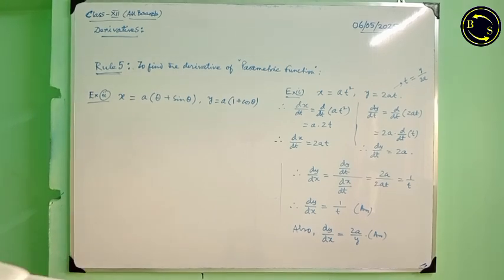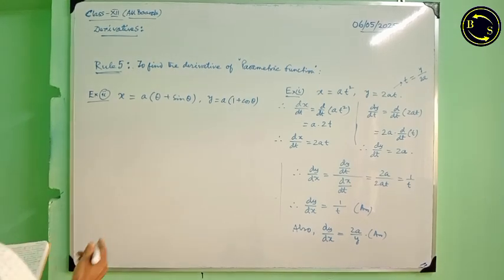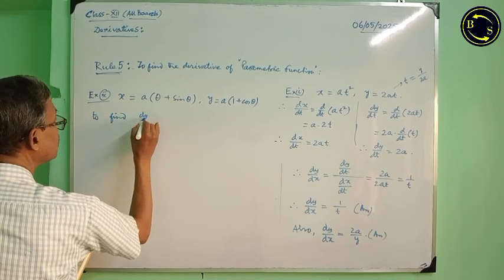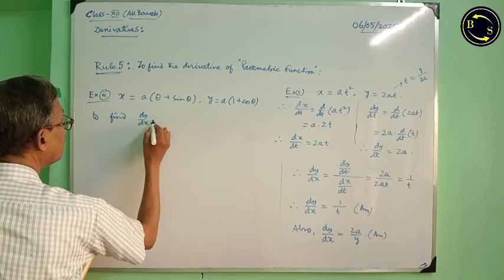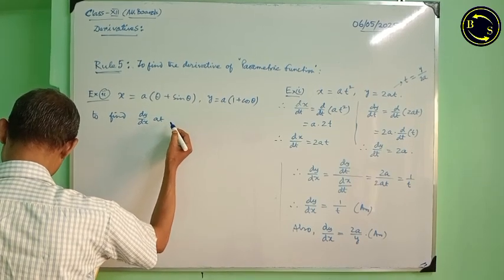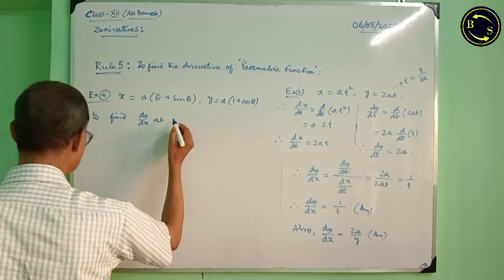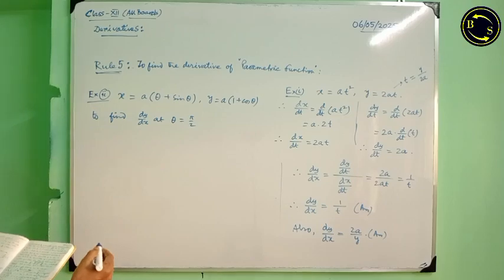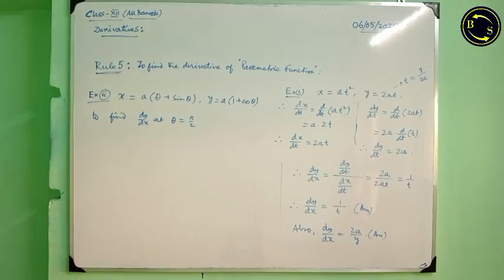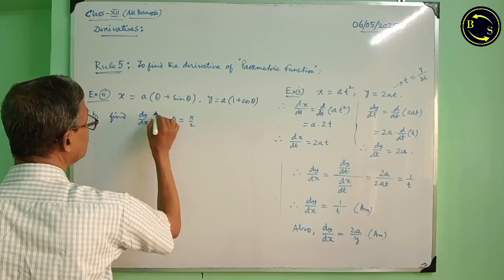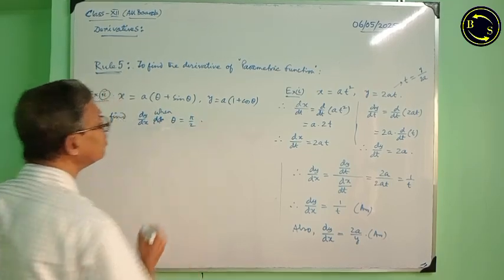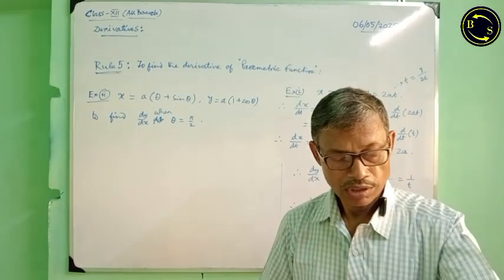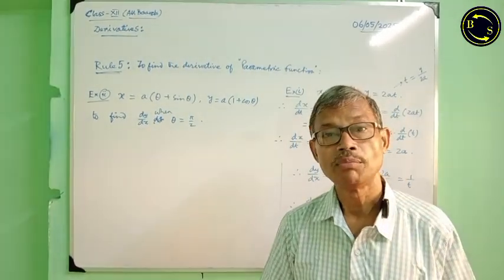We have to find dy/dx at the point or at theta equal to pi by 2. First we shall find dy/dx with the help of the idea of parametric form.